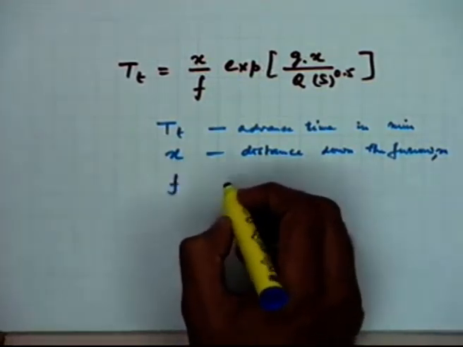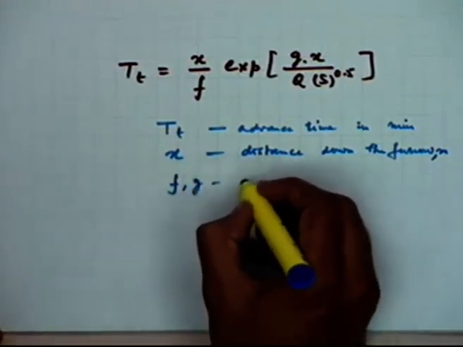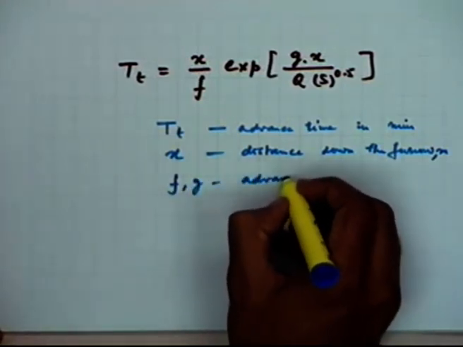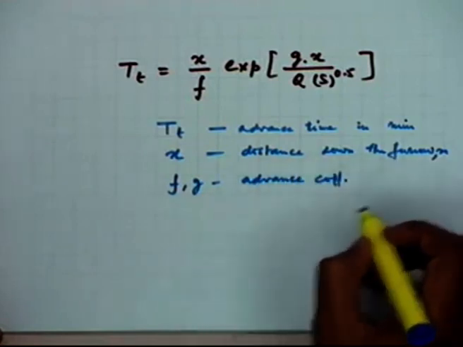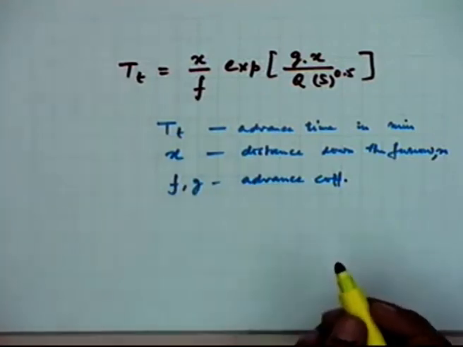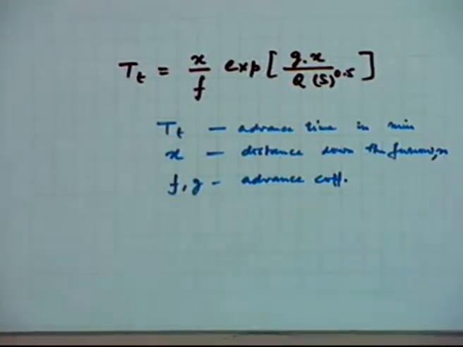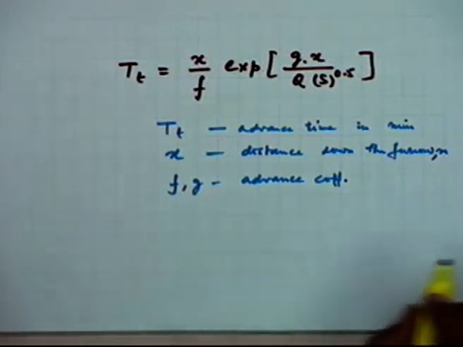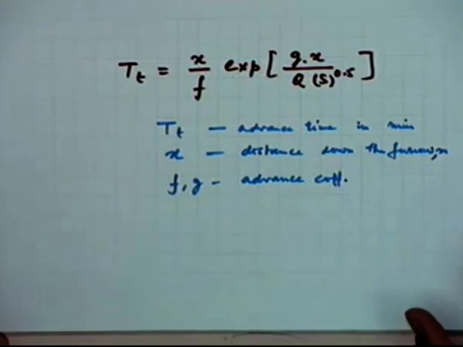Then F and G are the advance coefficients. And Q and S we have already seen, they are the same parameters. Q is the volumetric inflow rate in liters per second, and S is the furrow grade, or the representative value of the hydraulic gradient.